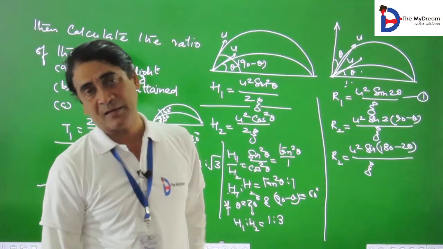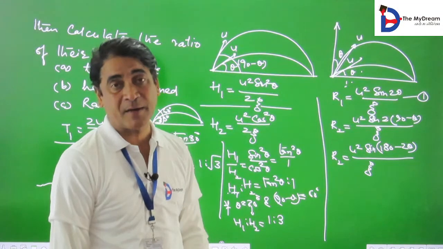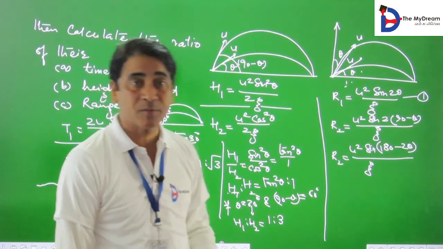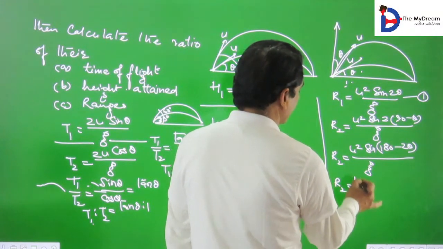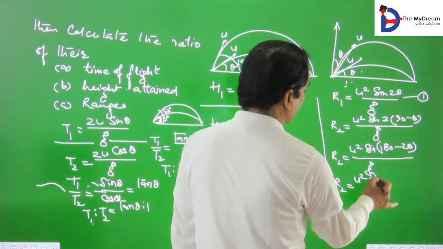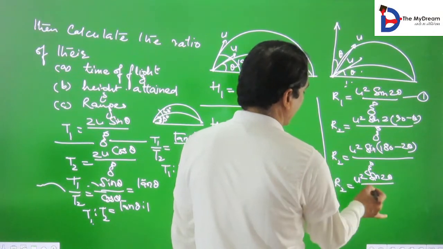Sin 180 minus twice of theta, sin ही रहता है बेटा, 180 प्लस हो 180 माइनस हो, so it will become u square sin of twice of theta.